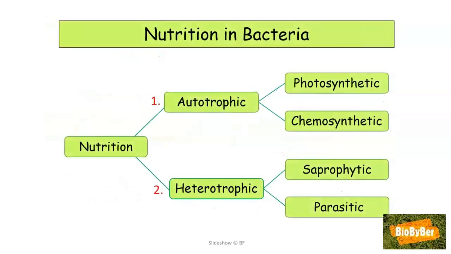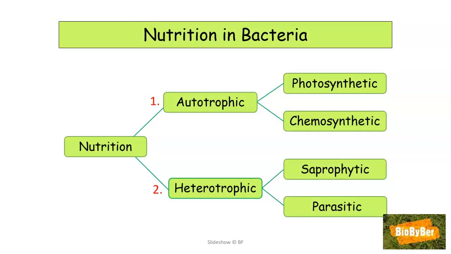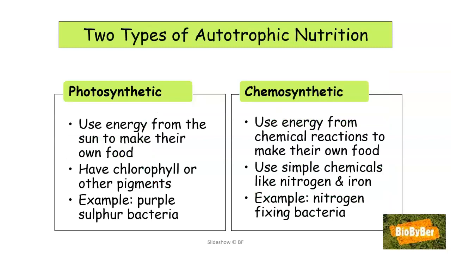Remember, autotrophic nutrition is subdivided into two types, self-feeding as we've just said: photosynthetic and chemosynthetic.